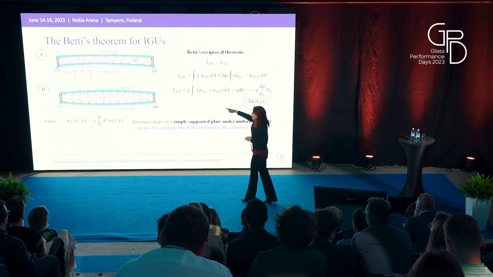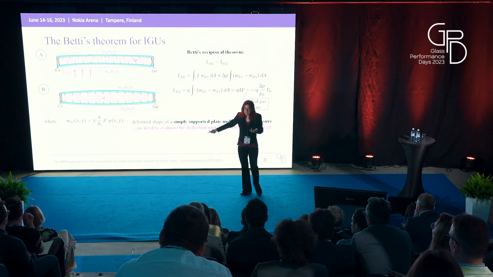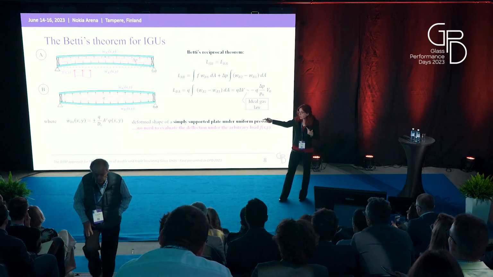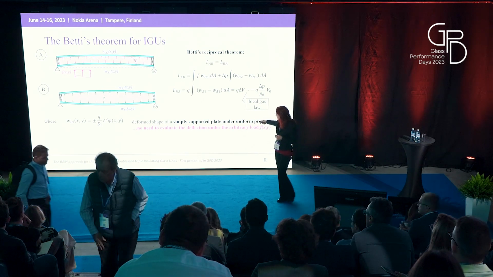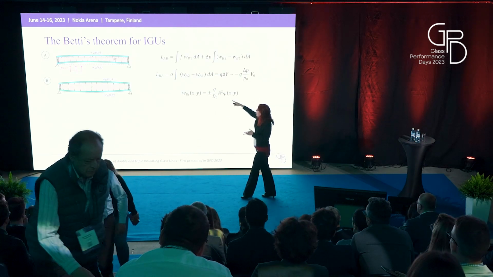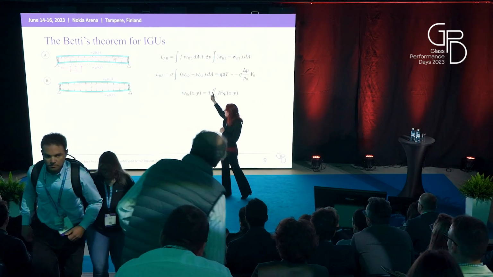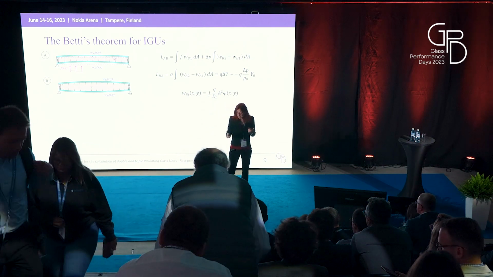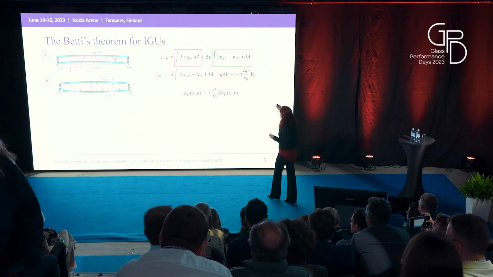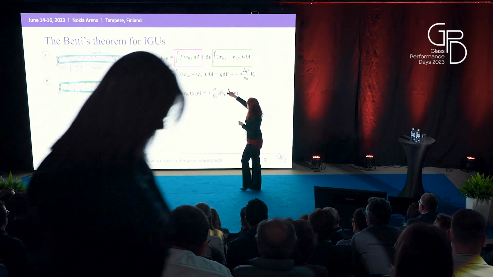Furthermore, the deflections in system B are again very simple to determine and may be written again as a function of a shape function. Now we need to evaluate the work done by the load system A through the displacement of system B, and this is quite simple because we essentially need to determine these two terms.